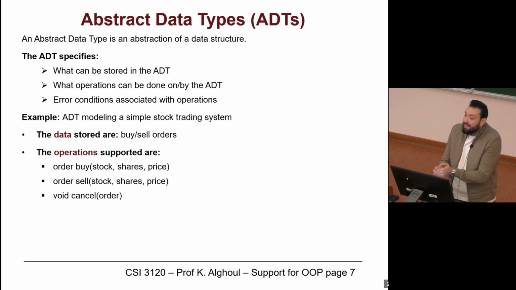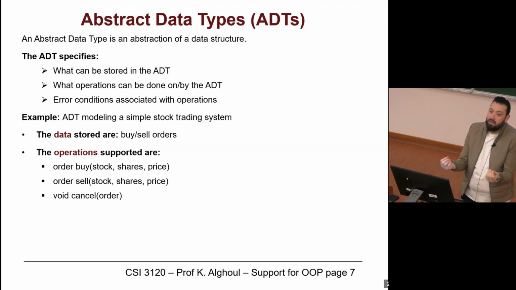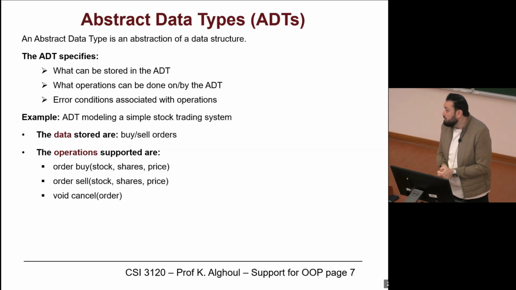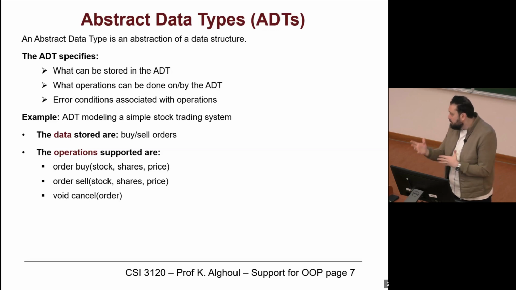But one other thing that you need to include for this to be a good abstract data type is the error. What would be some error handling in this case in a stock trading system? He said, if there is a buy order or a sell order which can't be fulfilled at the given price. Exactly. If you've dealt with stocks before, sometimes a few minutes will make a big difference.